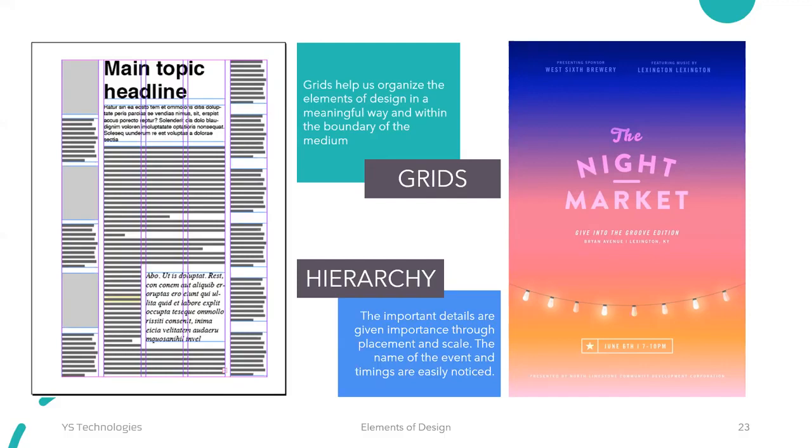So this is known as hierarchy, how the information is given different importance in a design. The one in very small text is not very easy to read, or not very important for the viewer, as intended by the designer.